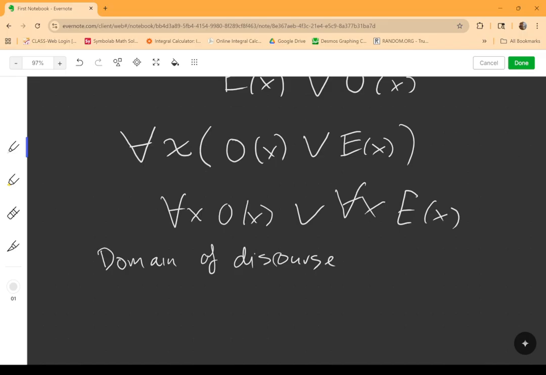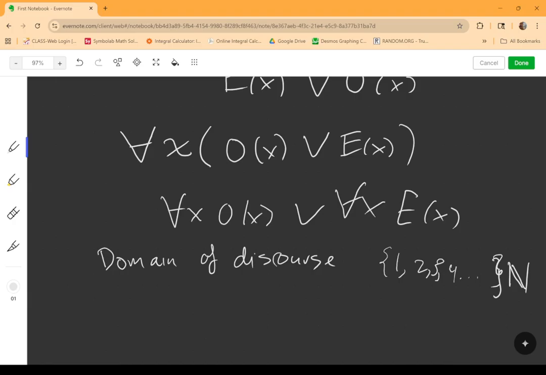In our discrete math course, unless stated otherwise, we can assume the domain of discourse is the natural numbers, the counting numbers starting at 1. And that is going to be important.